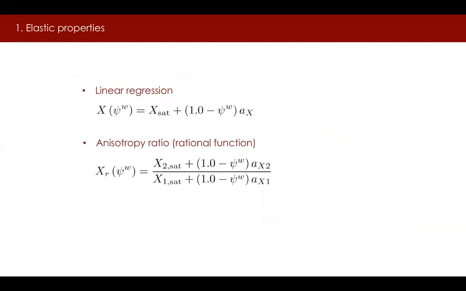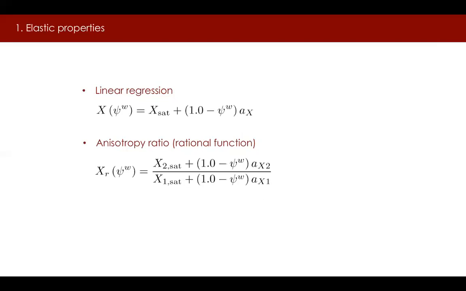In general, straight line variations of an elastic parameter, say x, require two parameters of the straight line. Here, we use the value at the saturated state x_sat, and the slope a representing the rate of change of the elastic parameter with respect to saturation.